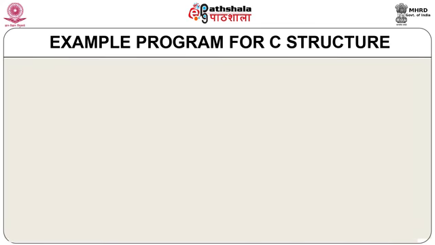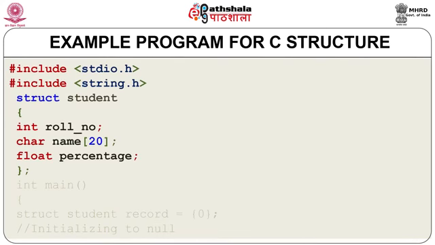Let us take a simple example on structure. This is the program used to store and access various information like roll number, name and percentage of the student. In this program, you can see structure is the keyword and student is the structure name.